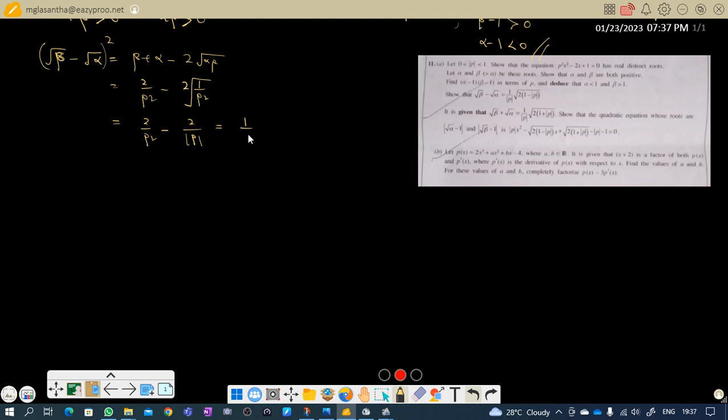So you can take 1 over p out, then 2 into 1 minus p, so you can take it like this.